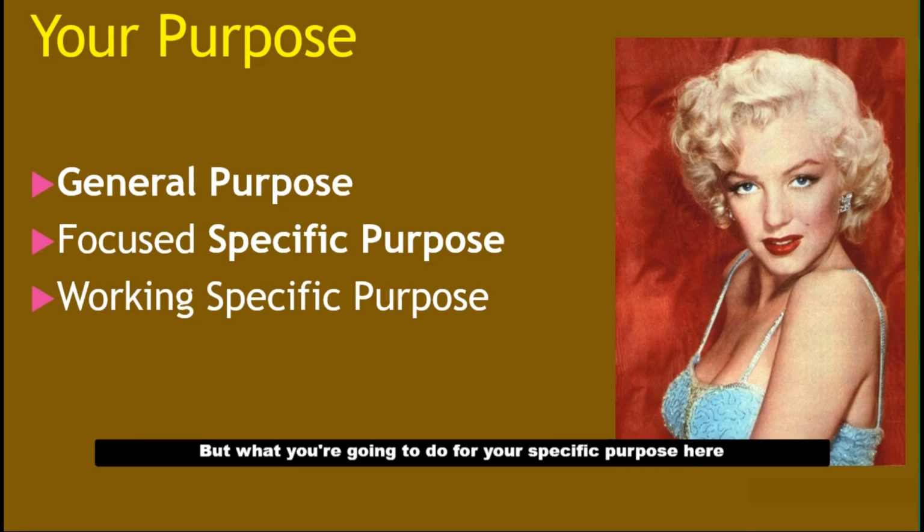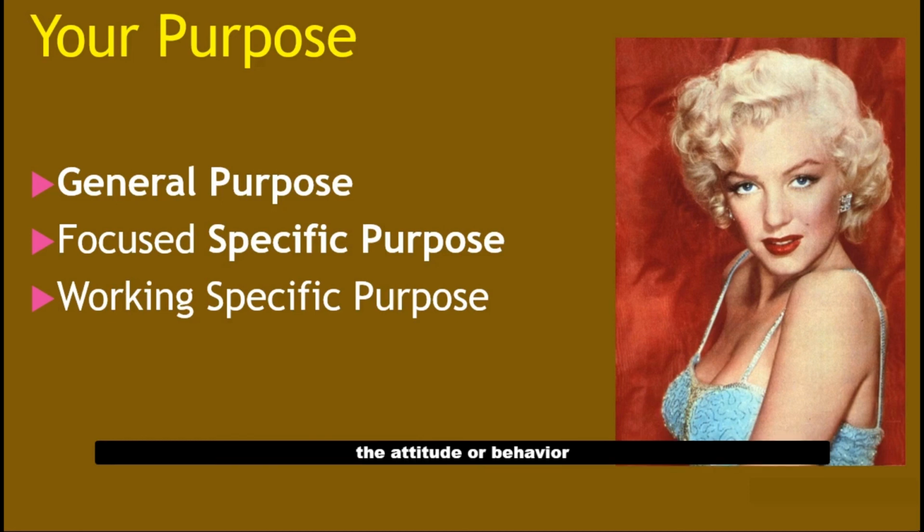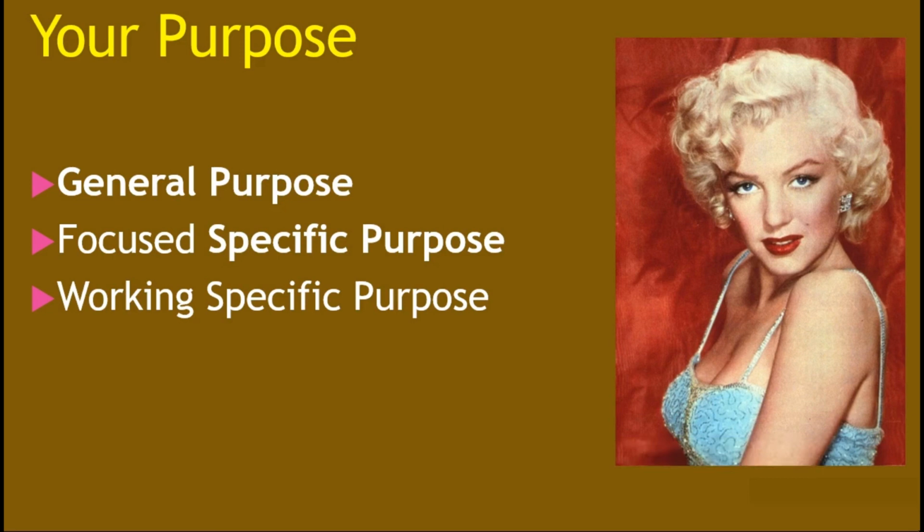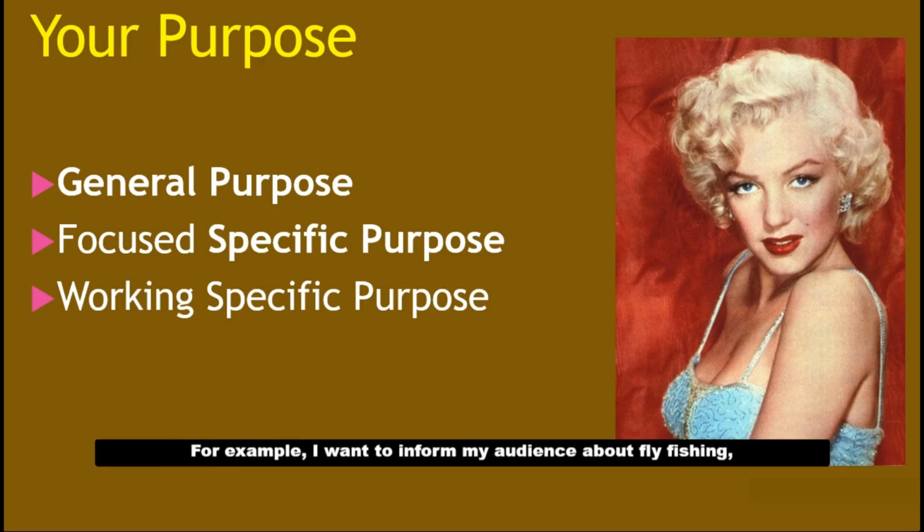But what you're going to do for your specific purpose here is to identify the information you want to communicate or the attitude or behavior you want to take a look at. We're going to limit the specific purpose a couple of times, so the speech will be substantive. For example, I want to inform my audience about fly fishing, or I want to inform my audience about how to cast a fly rod.